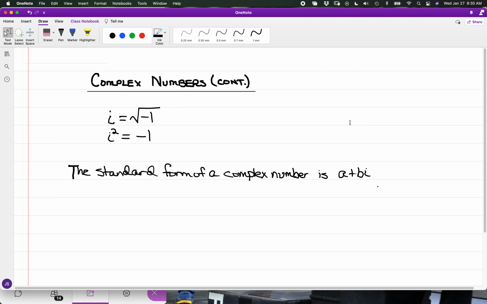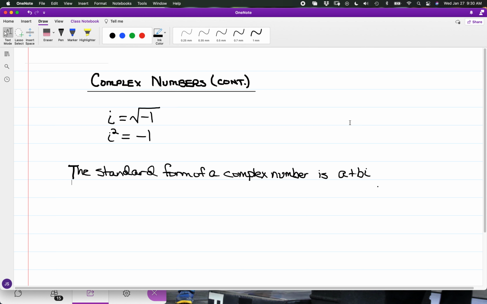All right, good morning. Today we are going to resume working with complex numbers. And again, at the foundation, we have the letter i, which represents the square root of -1, and we also have i squared equal to -1.